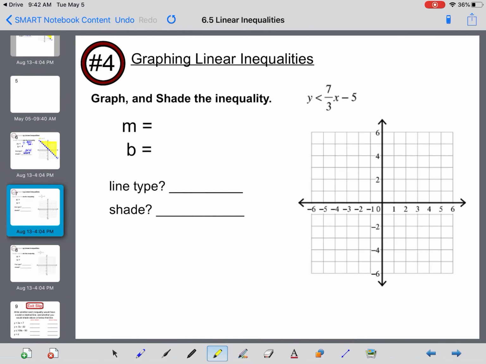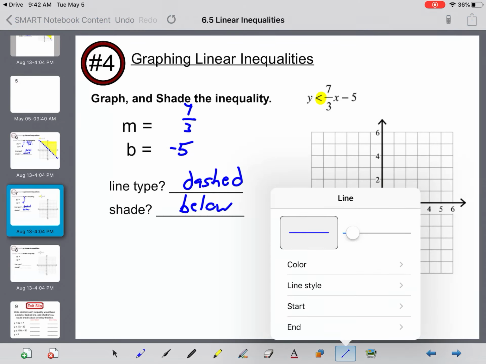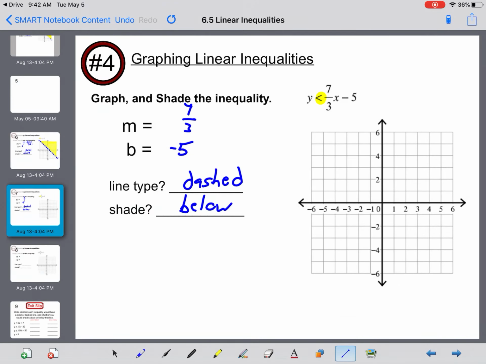Again, feel free to pause if you feel like you're falling a little behind. Graph and shade the inequality. Y is less than 7/3 x minus 5. M is 7/3. Our b value, or our y-intercept, is negative 5. We have the less than symbol. Line type is dashed. Shade below. Okay, so start at negative 5.